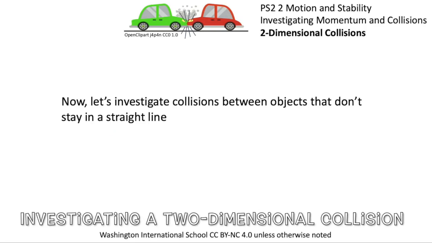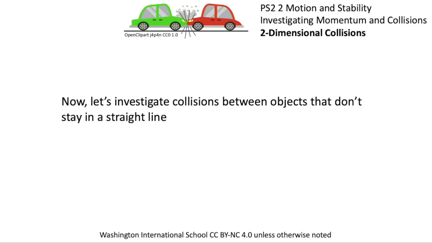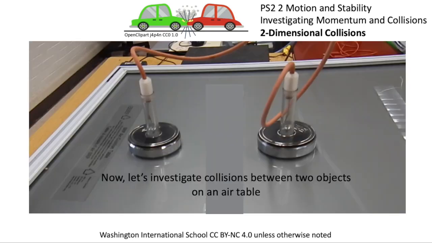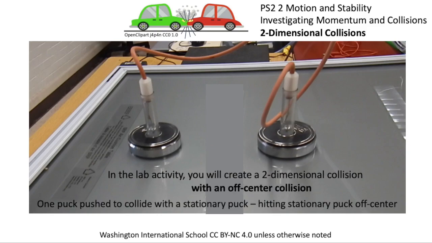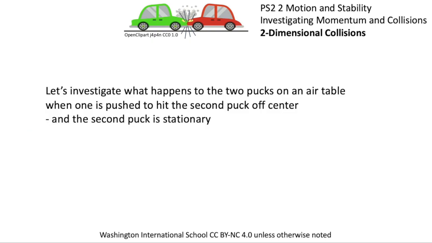But we're here to look at collisions where objects don't stay in a straight line because of the way that the push occurs. And here's two objects on an air table. One puck is going to be pushed to collide with a stationary puck, but it's going to hit the stationary puck off center.